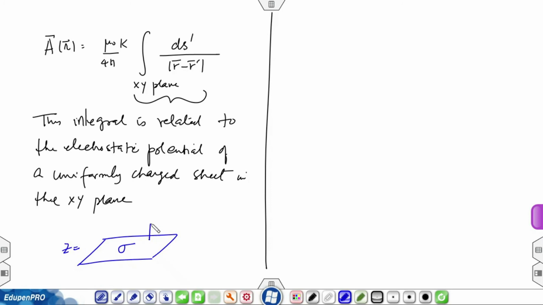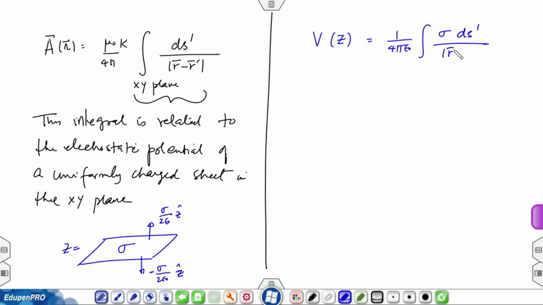I know that the field is sigma over 2 epsilon 0 in the positive z direction above the sheet and sigma over 2 epsilon 0 in the negative z direction below the sheet, and therefore V z, which is 1 over 4 pi epsilon 0 integral sigma d s prime over r minus r prime, is nothing but sigma over 2 epsilon 0 with a minus sign z.